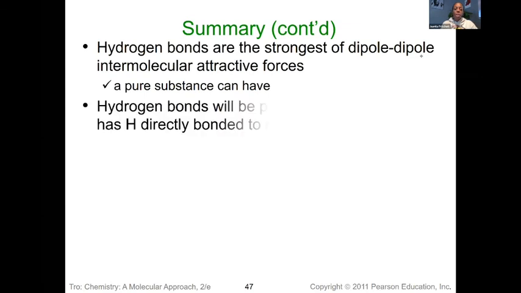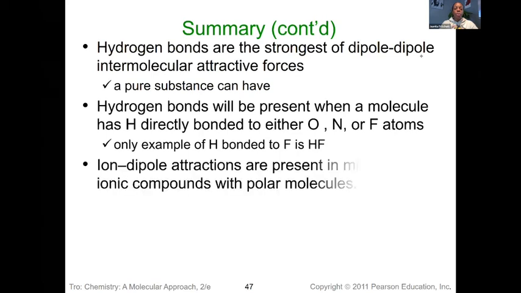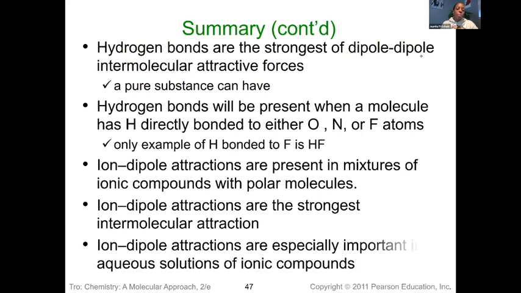And then there's a special category of dipole-dipole called hydrogen bonding, and that happens when you're dealing with hydrogen directly bound to oxygen, nitrogen, or fluorine. And then you have your ion-dipole, which is the result of having ionic compounds bound with polar molecules. And this is going to be your strongest intermolecular force. And just remember that all of these intermolecular forces dictate the ability for things to be soluble in one another. And we're going to dive into that a lot more in another video.